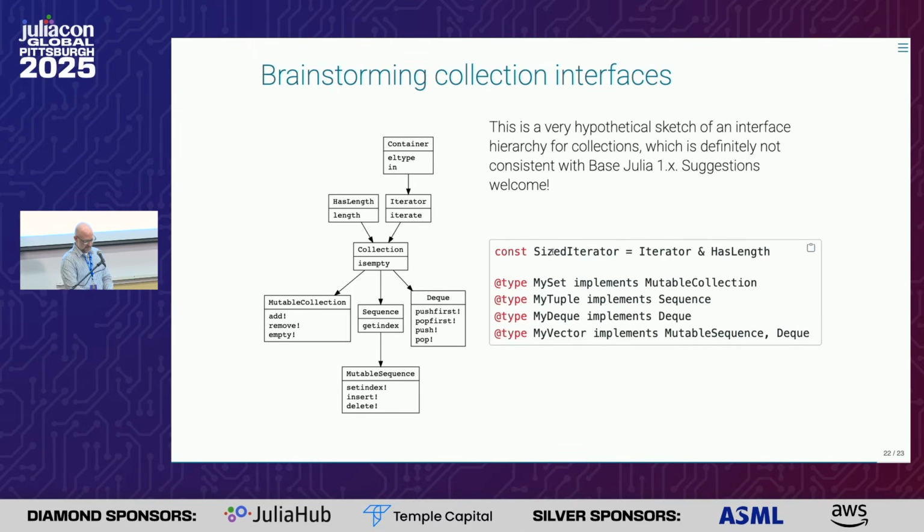I also have another example up here. Of course, you can create an alias if you want to. You can create an alias to an interface intersection. So I have an alias for iterator and hasLength, which I call sized iterator. This is all just very hypothetical brainstorming. It would be cool if we could have something like this, but it definitely needs a lot of work. And as it's phrased right now, it's not really consistent with 1.x anyways.